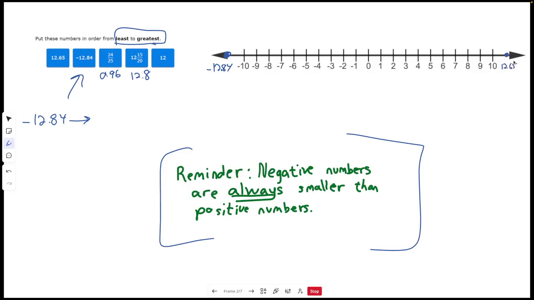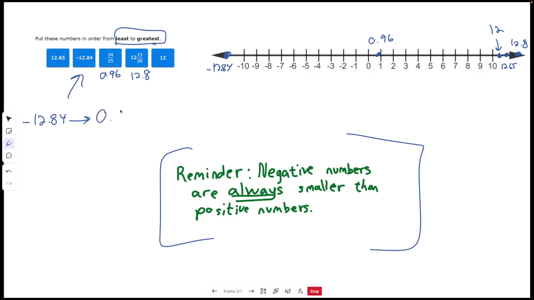We've got 0.96, so that's in here. We've got 12.8, which is a little bit further, and just the number 12, right? And so least to greatest would just mean we go from the left to the right.